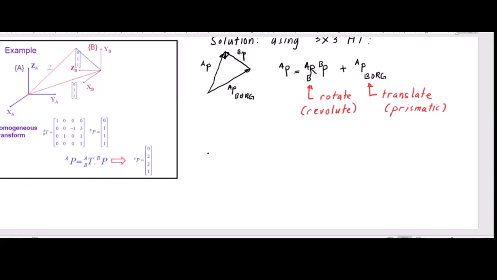So solving for P to A is equal to the rotation B to A. If you can see, it's about the x-axis.